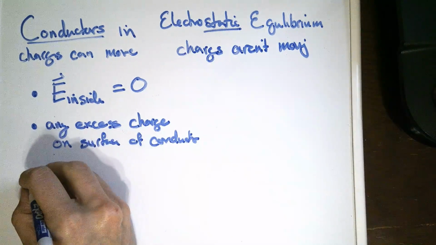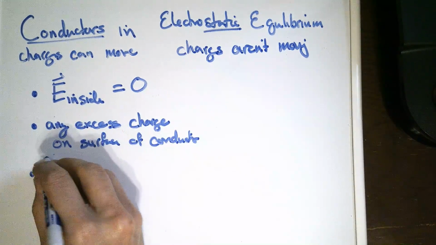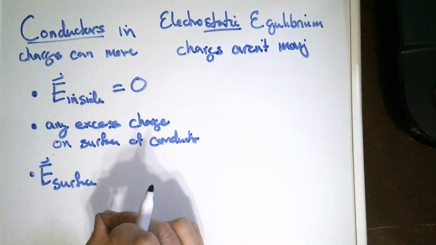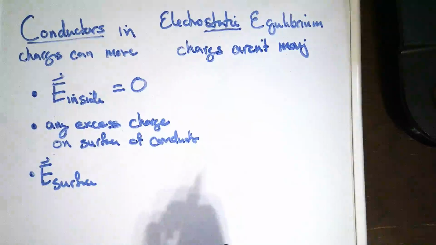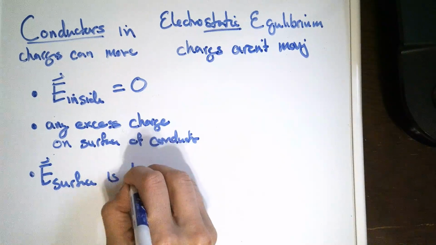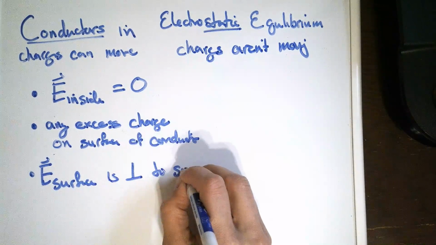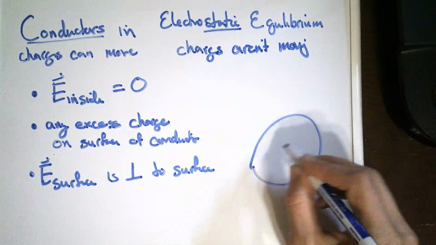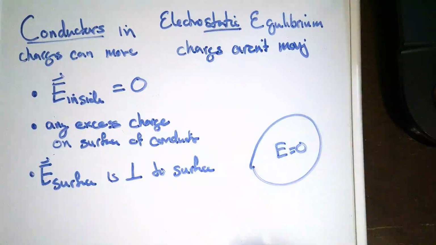You also must have that the electric field on the surface, so not inside, but right outside on the surface where all the excess charge is, is perpendicular to the surface. So here's your conductor. Inside, the electric field is zero if we're in electrostatic equilibrium.